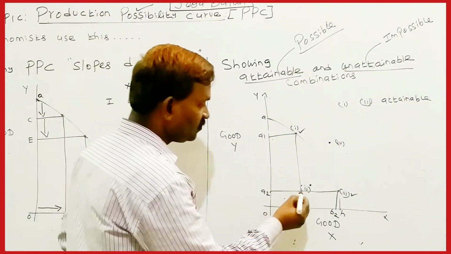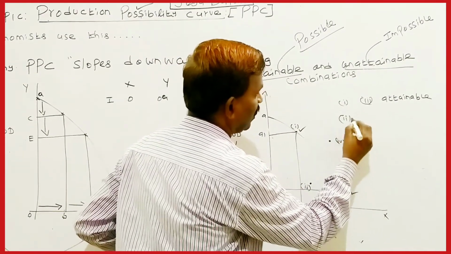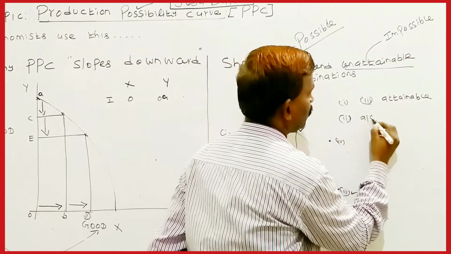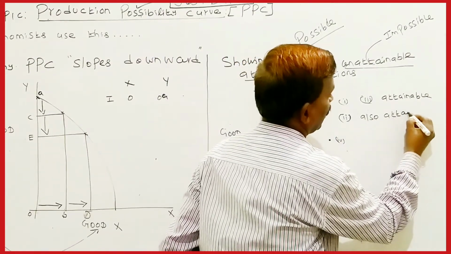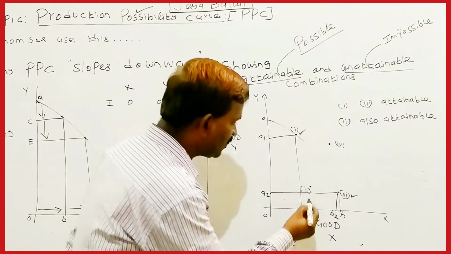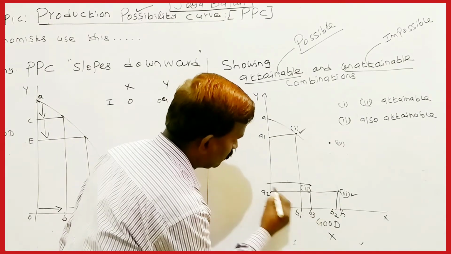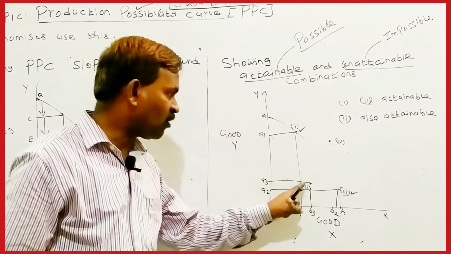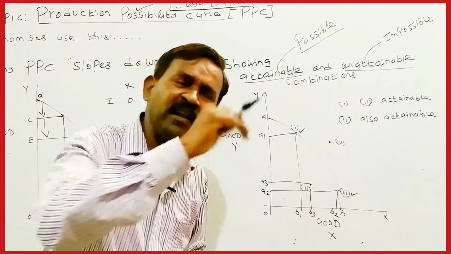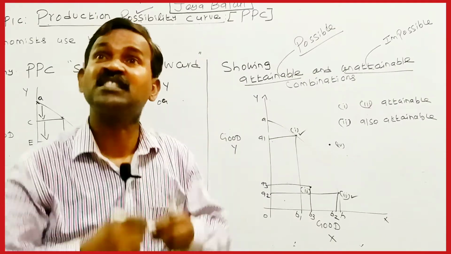Now, what is special? What is special of this point number 2? This is also attainable combinations. Attainable means possible. What does it mean? It means when the economy is operating at any point within or below the PPC, what is special?